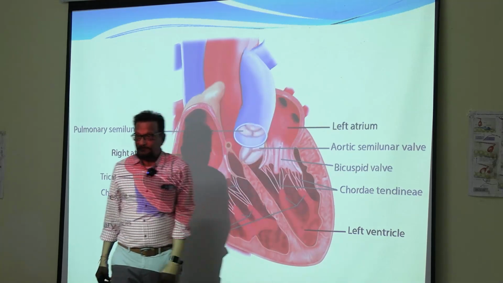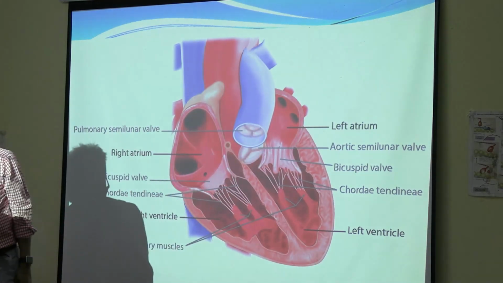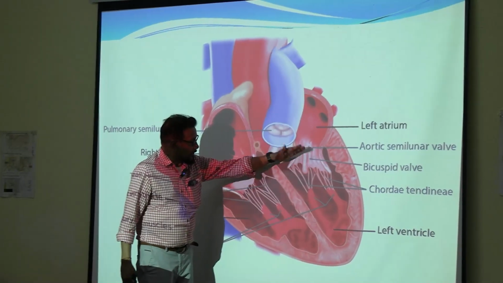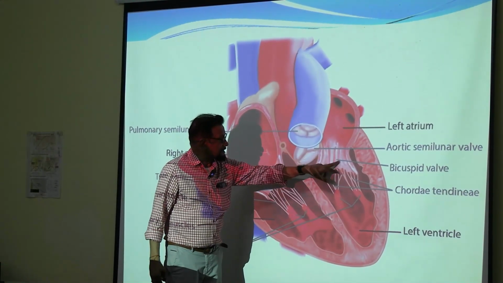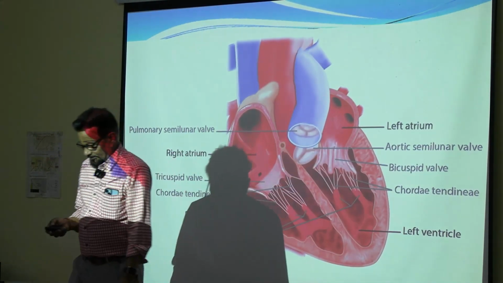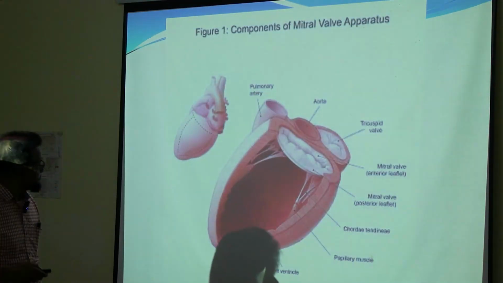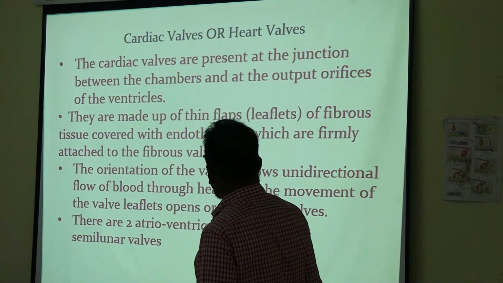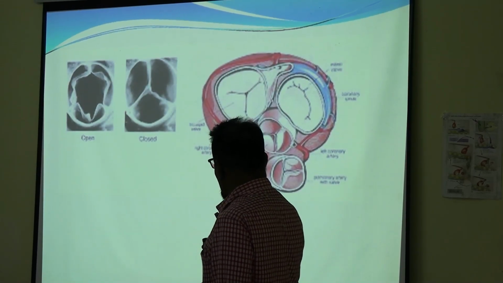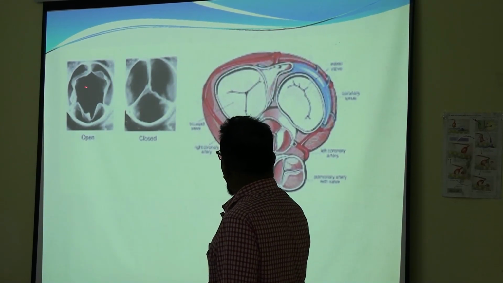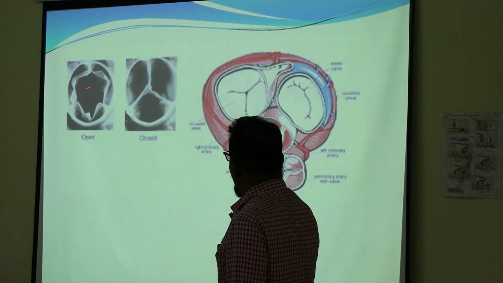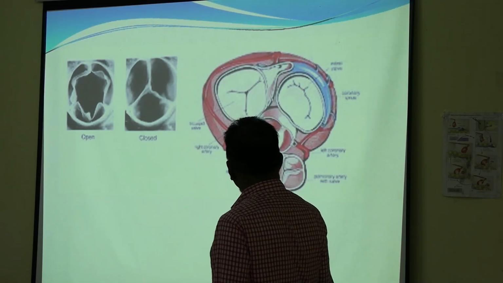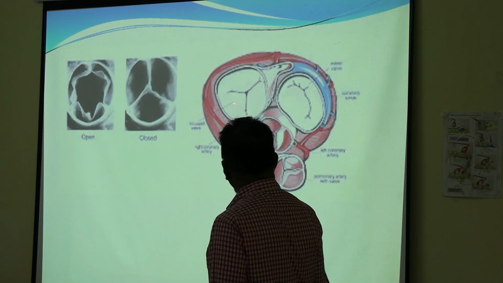This is the aorta. This is the chordae tendineae, papillary muscle. This is the cusp. Okay. See the closing condition and opening. This is an opened semilunar valve and this is a closed semilunar valve. And what is this valve?